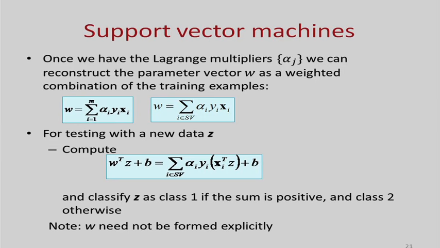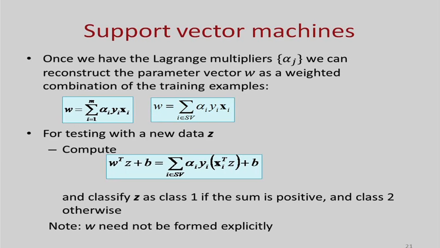Those examples are the ones which are the support vectors. So, W is obtained from sigma alpha I yi xi, where I ranges among the support vectors, and usually the support vectors are few in number, and W can be computed from the coordinates of those support vectors.